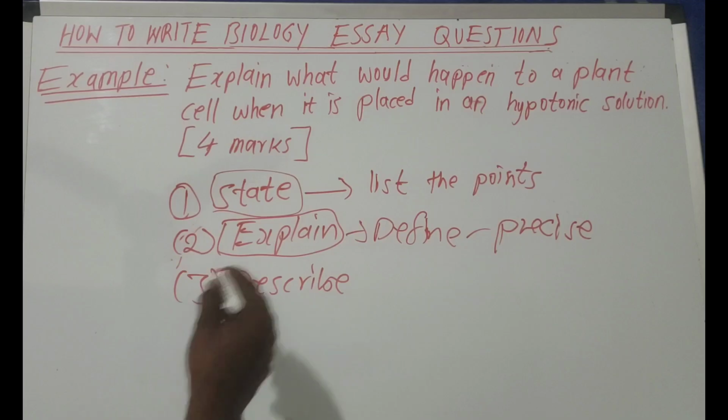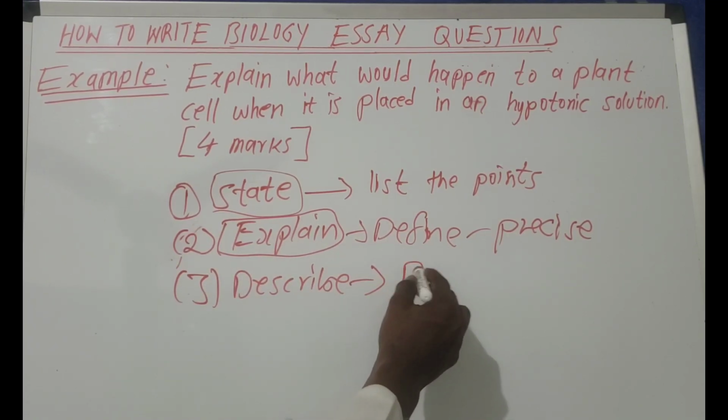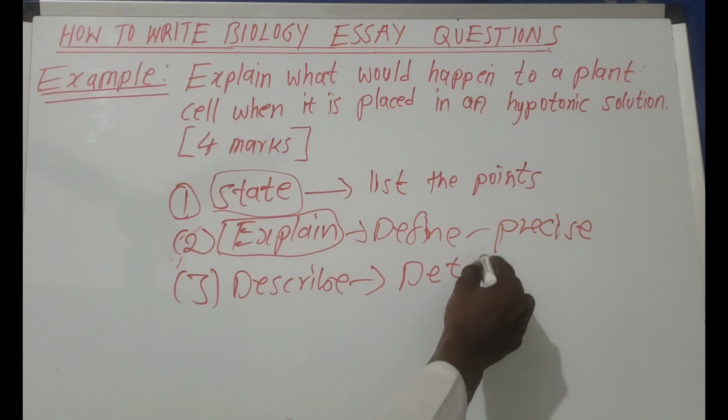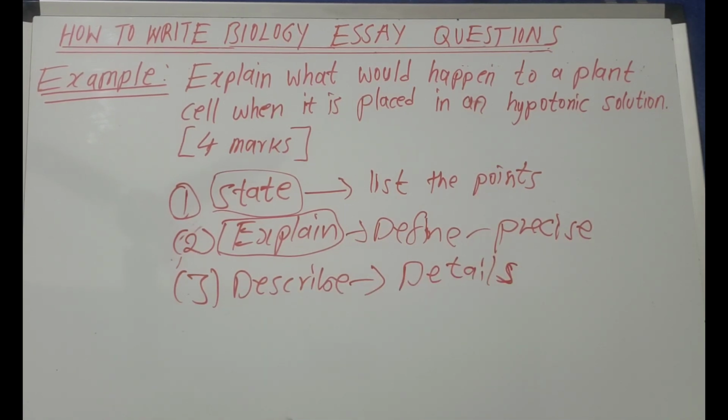Okay, that is explanation. When they tell you to describe, now you give details. For example, if they tell you to describe transpiration, you don't just go and give the definition, but you break down the entire process.